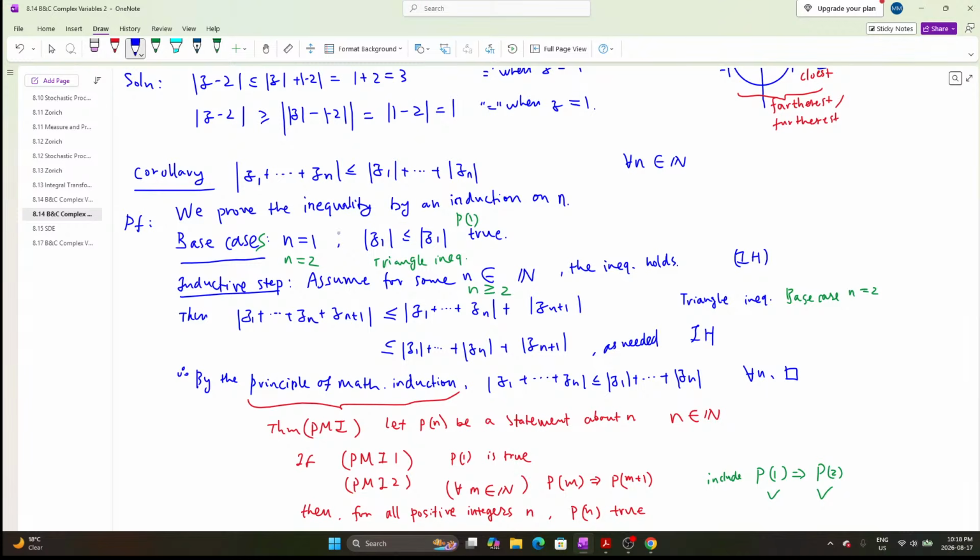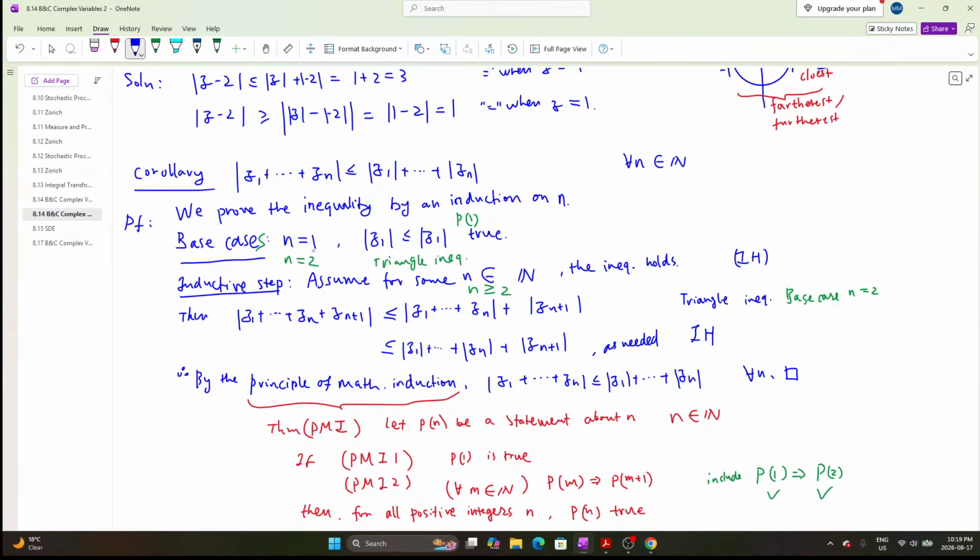So here we wanted to show there's a corollary of the triangle inequality that says basically for a finite sum of complex numbers, a sum of complex numbers with finitely many terms also satisfies the triangle inequality. Of course, we've been using that a lot. So the crux of the controversy last time was whether the base case should be n equals 1 or n equals 2.